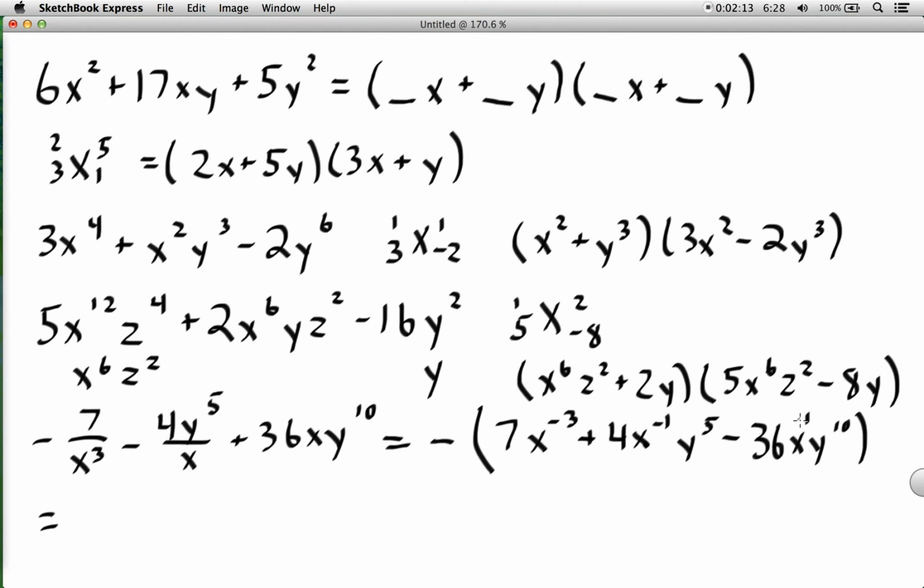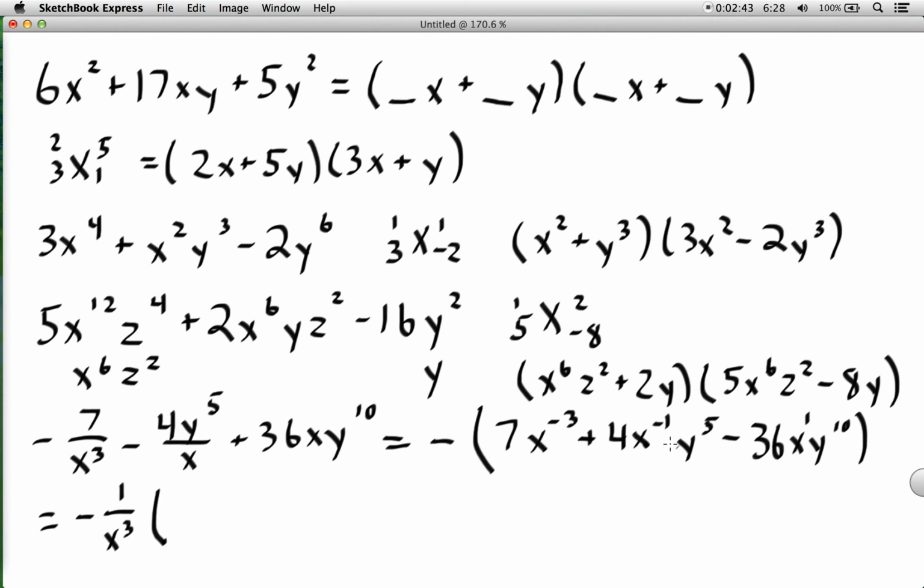So we have to increase all of these by 3, which means we factor out of the whole thing an x to the negative 3, or 1 over x to the third. And if you'll notice, y is only in these last two terms, so we can't factor that out. So we're just factoring out an x to the negative 3. And make sure to bring down the negative sign in front of the whole thing.